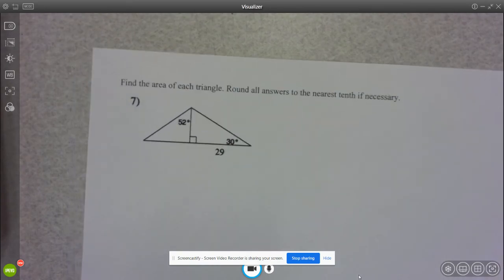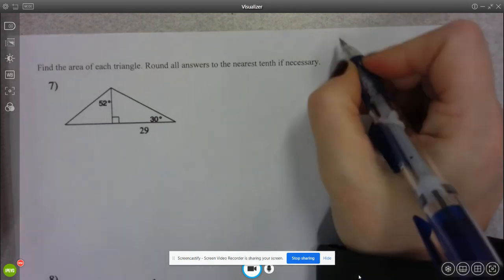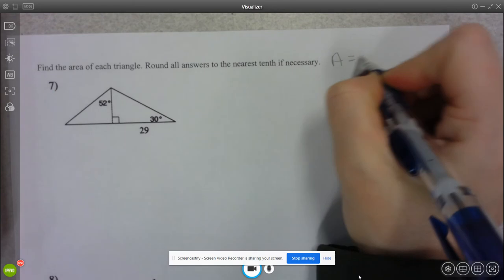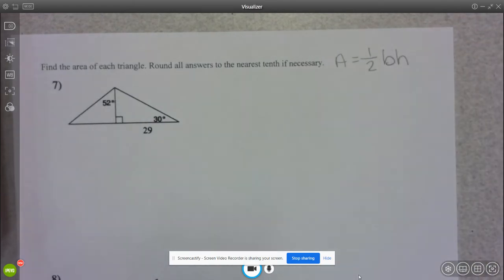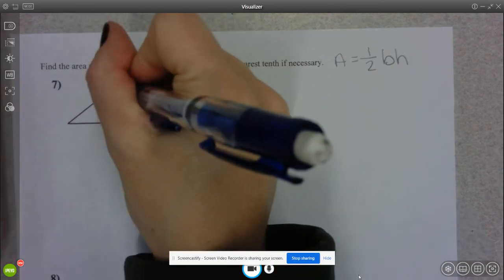Now, sometimes they might ask you to find the area of the triangle. Hopefully this has been beaten into your head at this point. Area is 1/2 base times height. Now, the height of a triangle has to meet the base at a 90-degree angle. That means I'm finding my altitude.